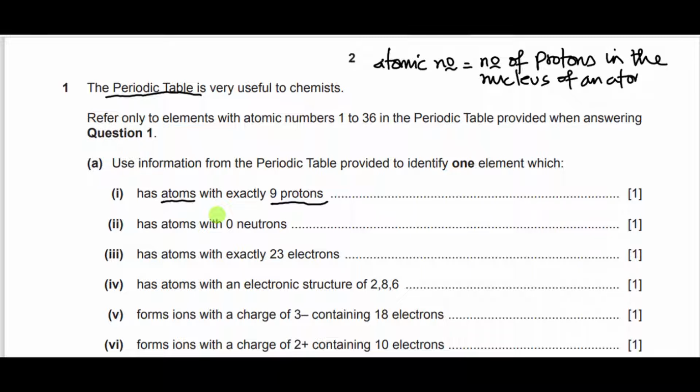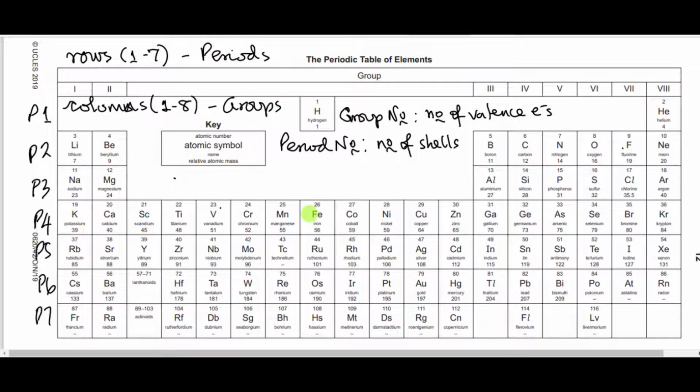Right? Which means that the element whose atom has exactly 9 protons must have an atomic number of 9. So let's go to the periodic table and look for the element with atomic number 9. Now, on this periodic table, we see that each element has 2 numbers. Now, from the key given here, the number on the top is the atomic number, which is the number of protons in the nucleus of the element, while the one below is the relative atomic mass, or the nucleon number of the atom of the element.